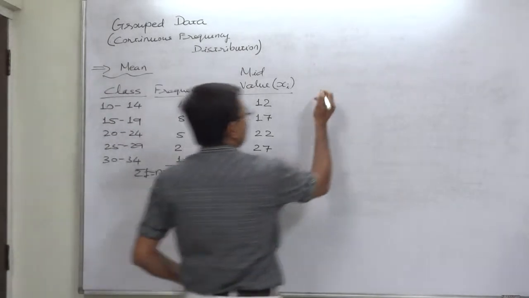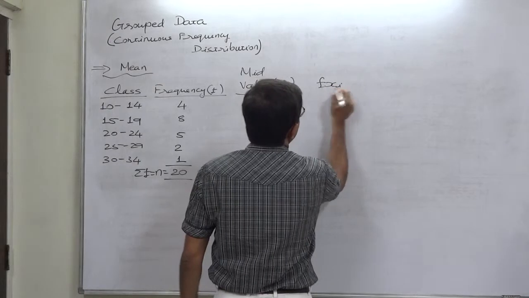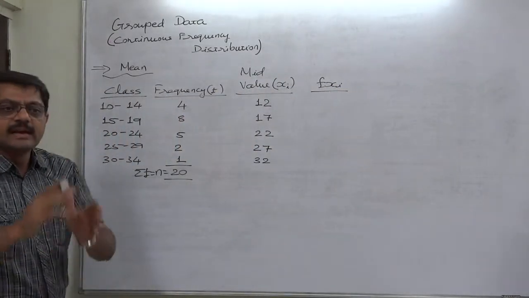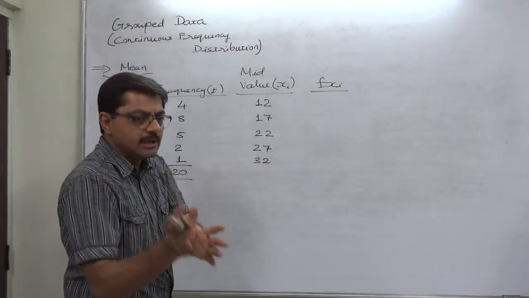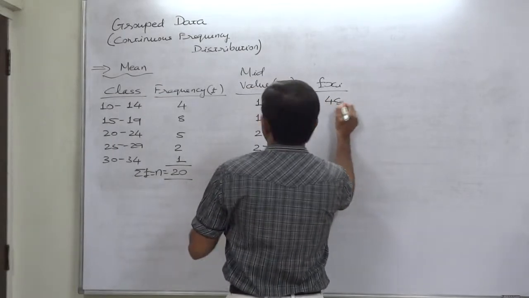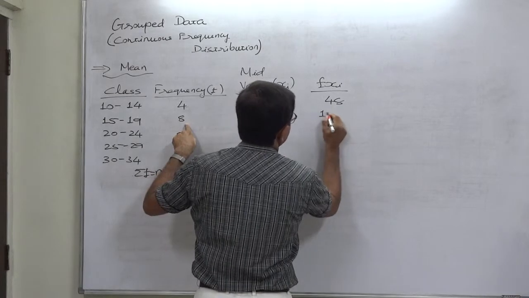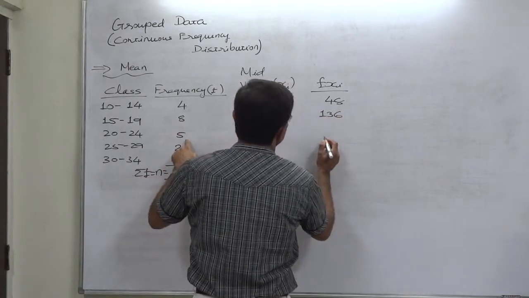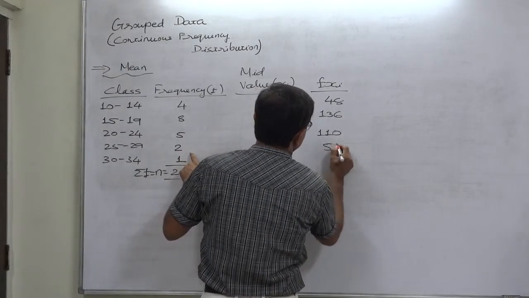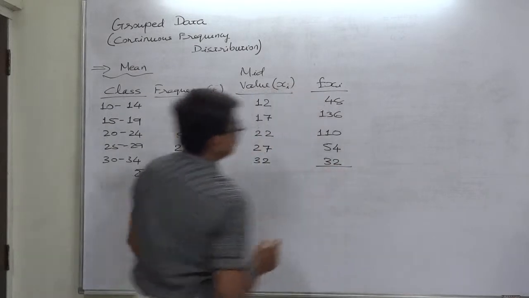So, like any calculation of any weighted mean, we require to find the multiplication of weight and the values of the variable. In case of weighted mean, it is xw, now it is fx. 12 into 4, 48, 17 into 8, 136, 22 into 5, 110, 27 into 2, 54, and 32 into 1, 32.